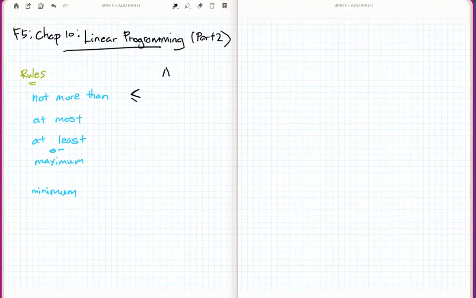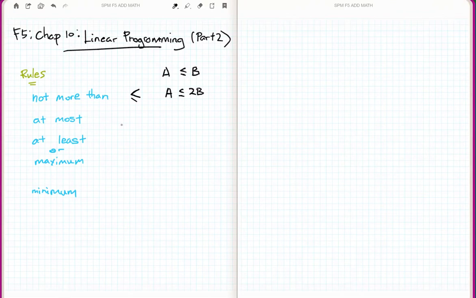Say A is not more than B, then it will look like this. Or A is not more than double of B, so A is not more than 2B. So this is what is meant by that.